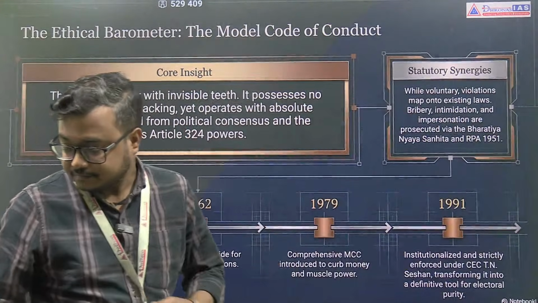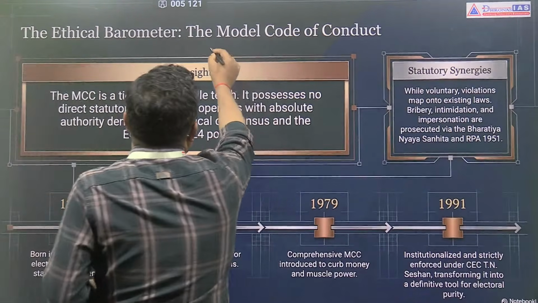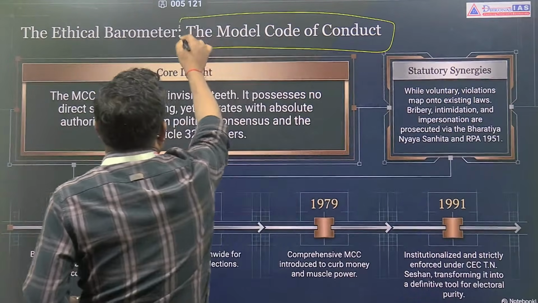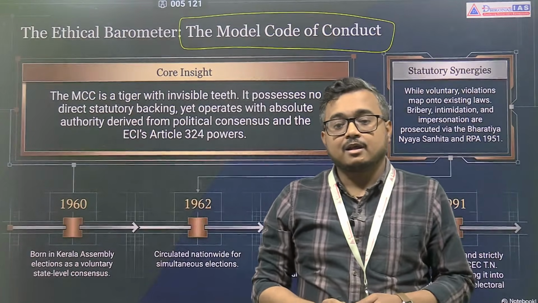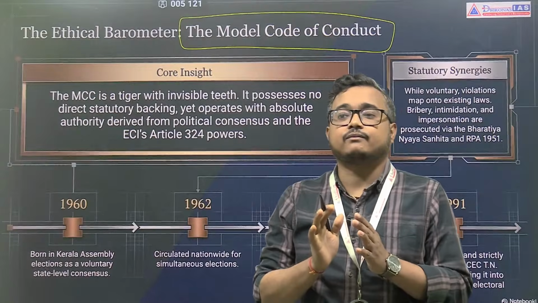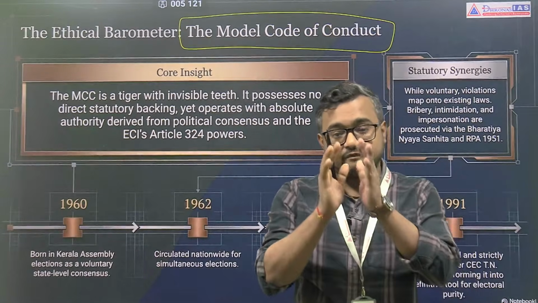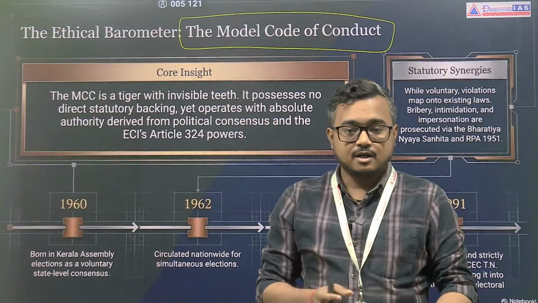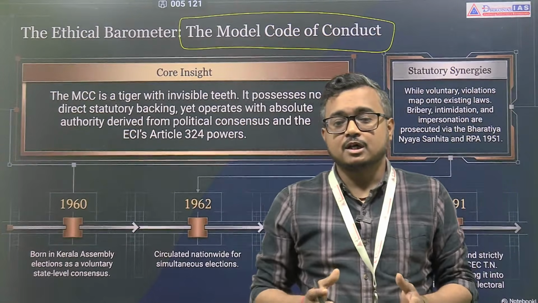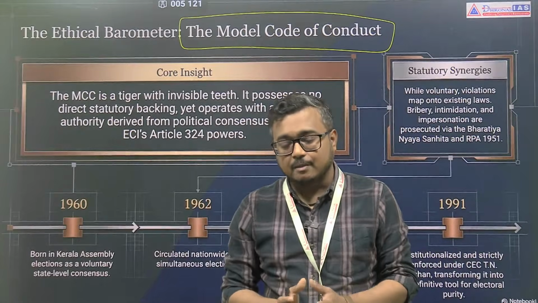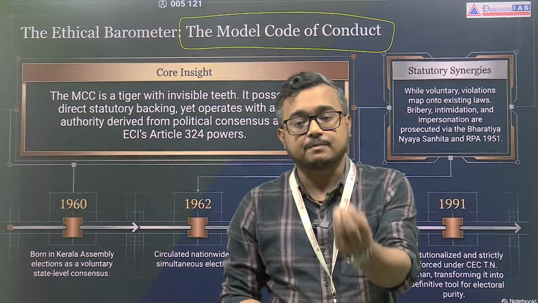Now moving on. We are moving to the Model Code of Conduct, the ethical barometer. To have elections in a country like India, we should have a very strong code of ethics, because since the population is so huge, since the electorate is so huge, it is very easy to corrupt the practice.